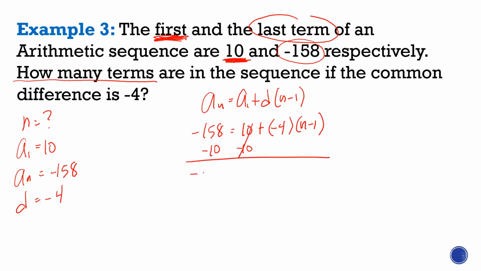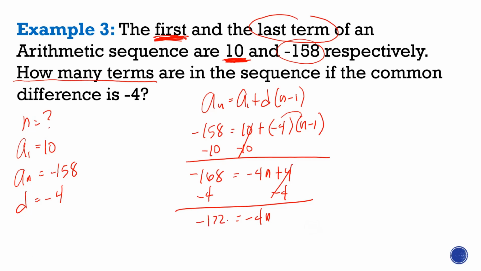This is negative 168. And then distribute this. That will be negative 4n plus 4. Next, subtract 4 on both sides. Cross that out. This will be negative 4n equals negative 172.